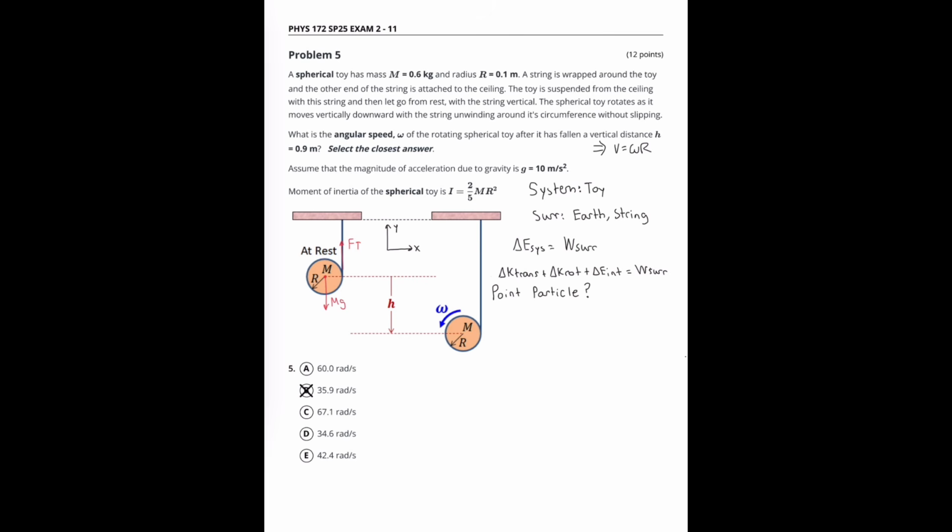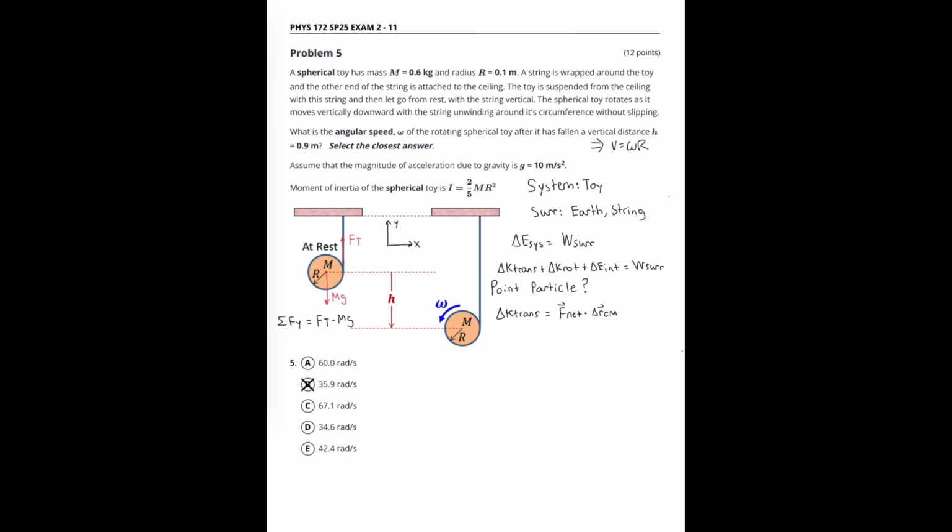So in this case, the change in translational kinetic energy is equal to our F net times our change of distance about the center of mass, and our F net ends up being the sum of forces in the y direction, which is Ft minus mg in the y direction, and our change of y, delta y, is equal to y final minus y initial.